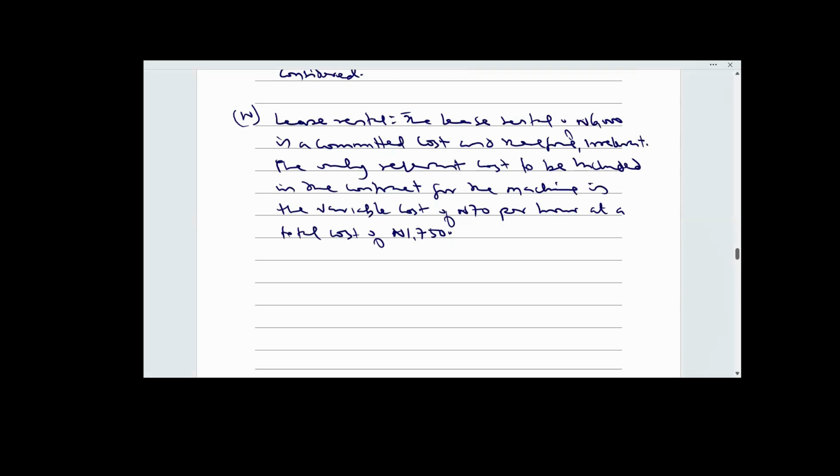Number 5. So I would then say fixed overhead absorption.